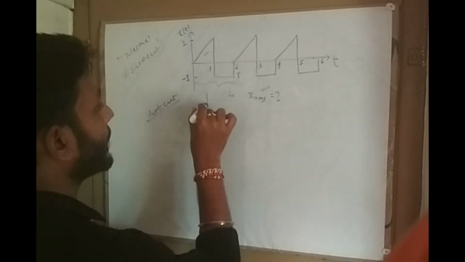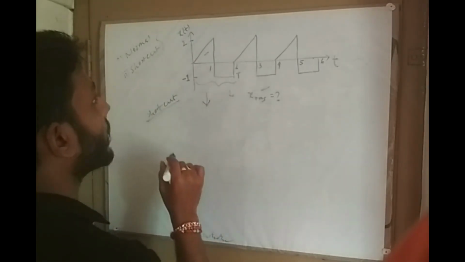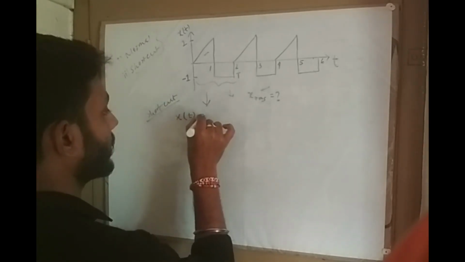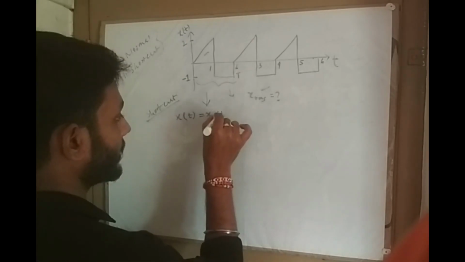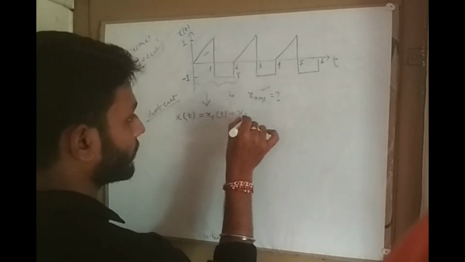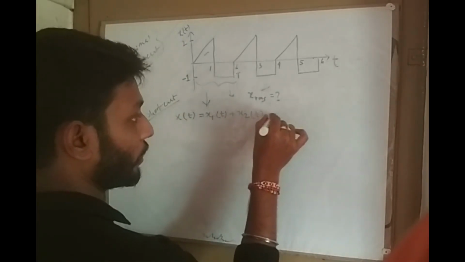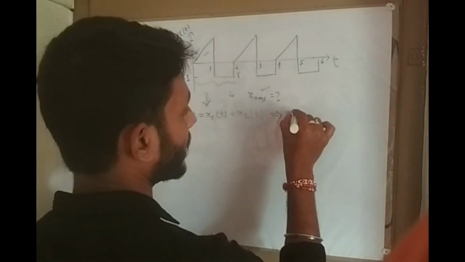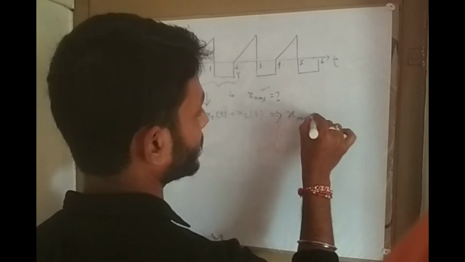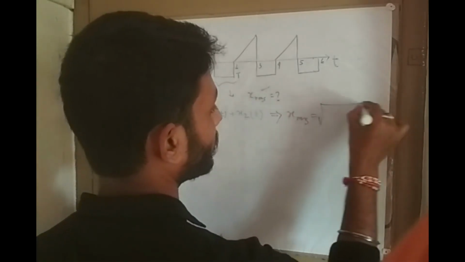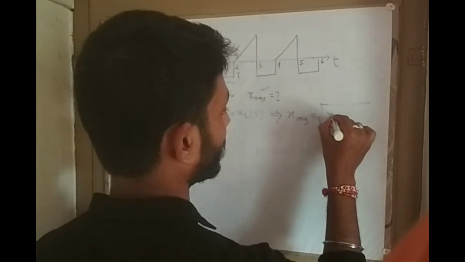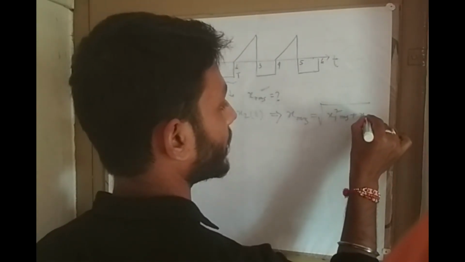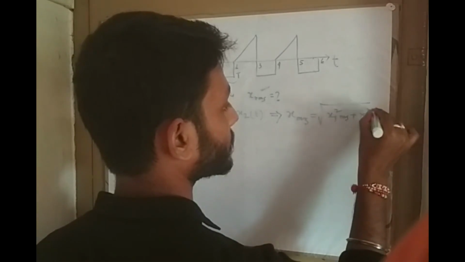If we break this signal into two parts, that is, x of t equals x1 of t plus x2 of t, then we know for this type of equation the x RMS value will be root over of x1 RMS square plus x2 RMS square.